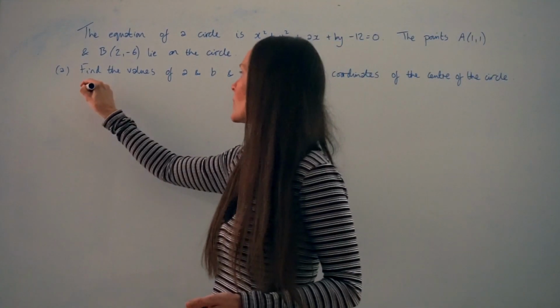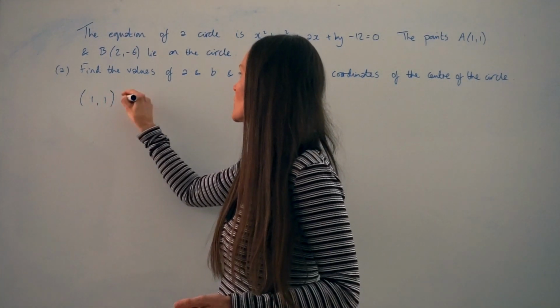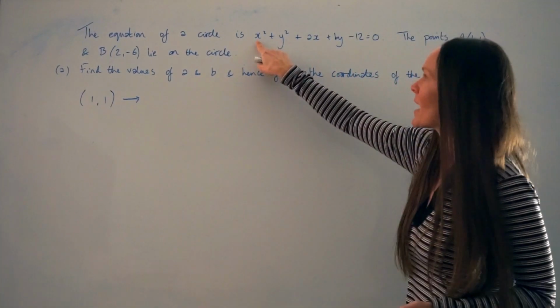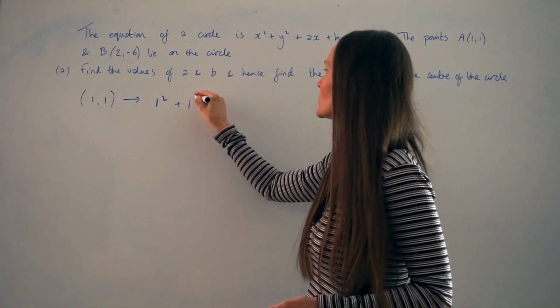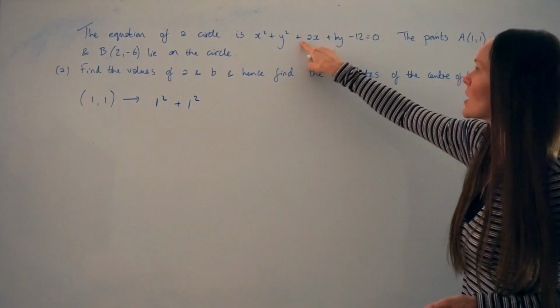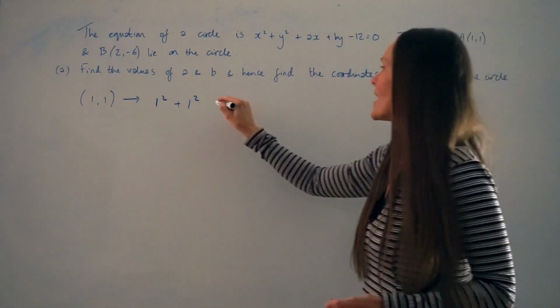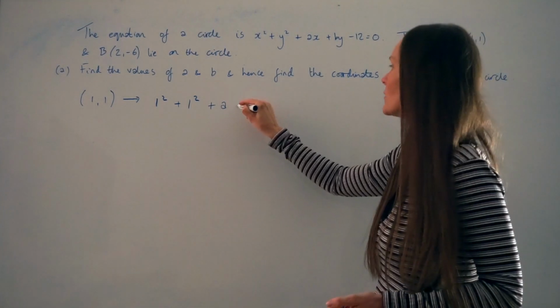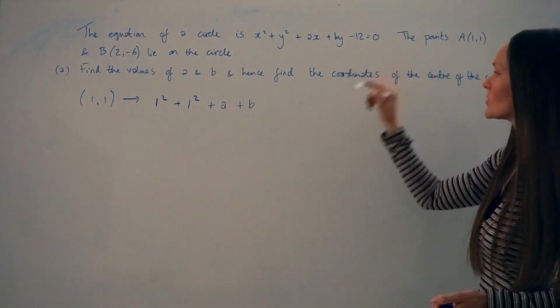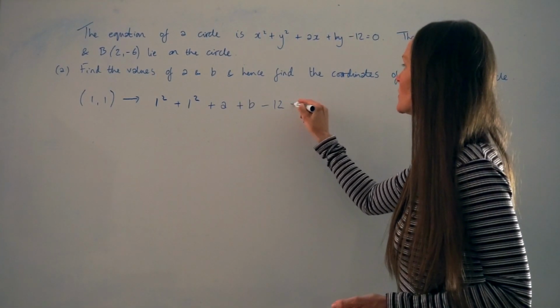So x is 1 and y is 1. So when I do that, instead of having x squared, I have 1 squared. Instead of y squared, I have 1 squared again. Then if I times a by 1, I just get a. And if I times b by 1, I have positive b. Not forgetting to subtract 12 and put it equal to 0.